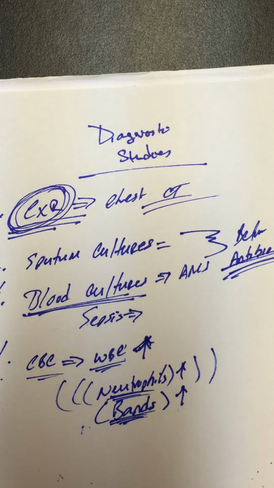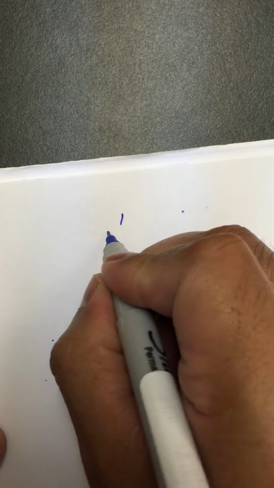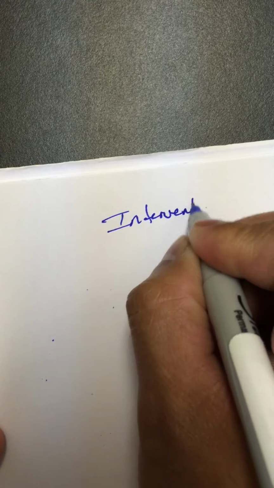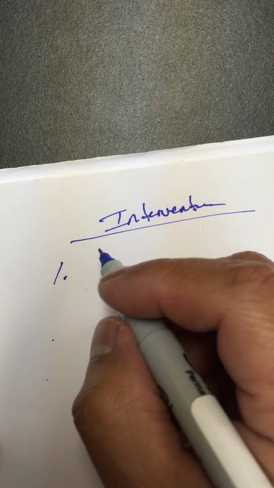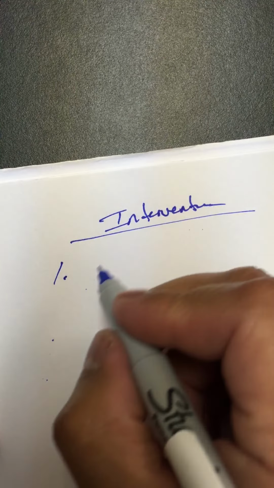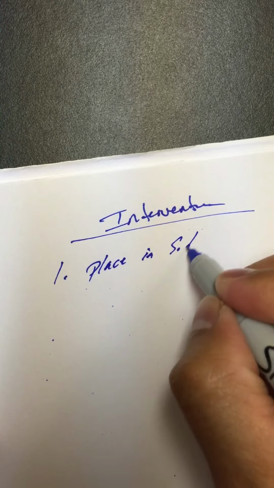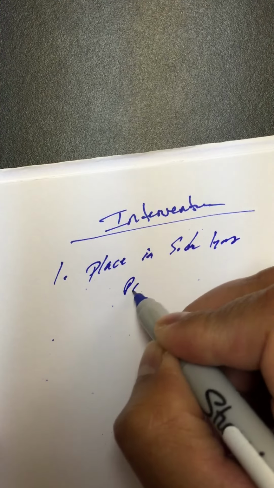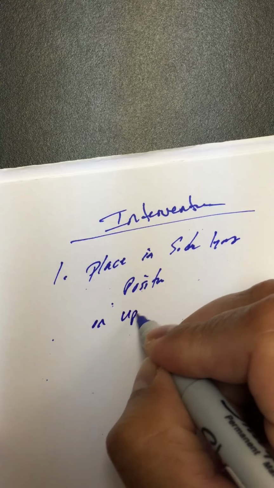Now, what are some interventions that you would do for your patient? If your patient has any type of altered mental status, if they're confused, if they had a stroke, you either want to place them in a sideline position or an upright position.